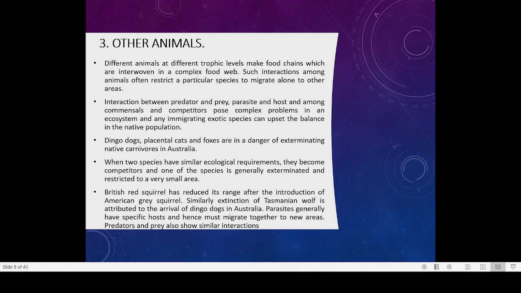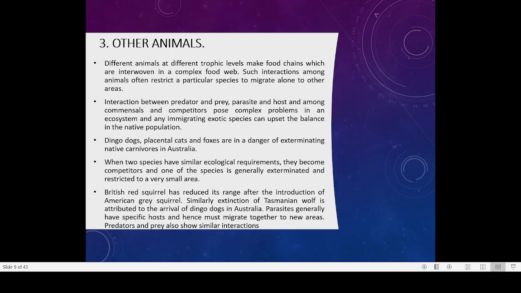Then this is another example, of the Tasmanian wolf. The extinction of the Tasmanian wolf is attributed, attributed means because of, to the arrival of dingo dogs in Australia. Then parasites generally have specific hosts and must migrate to new areas.